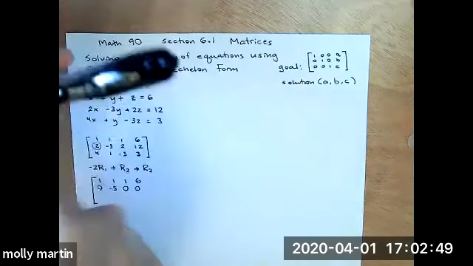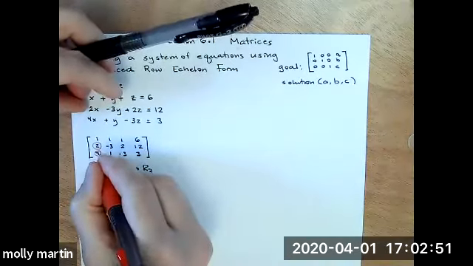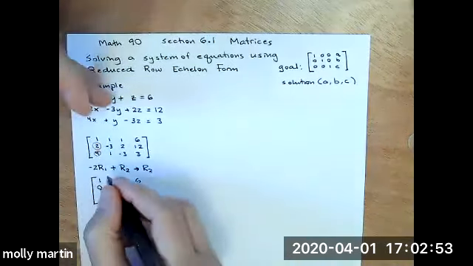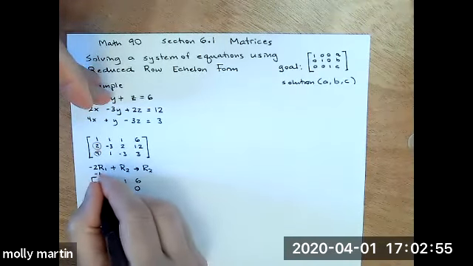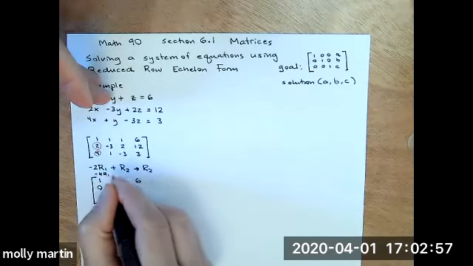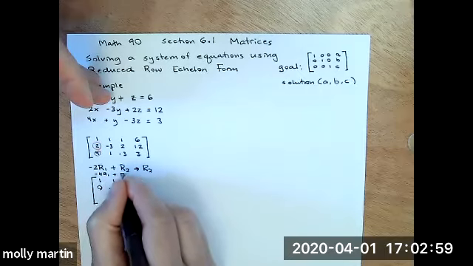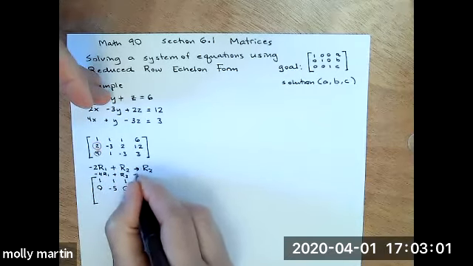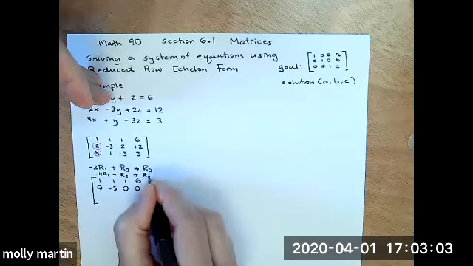Now I want to get rid of the 4. So -4 times row 1 plus row 3 gives me a new row 3.